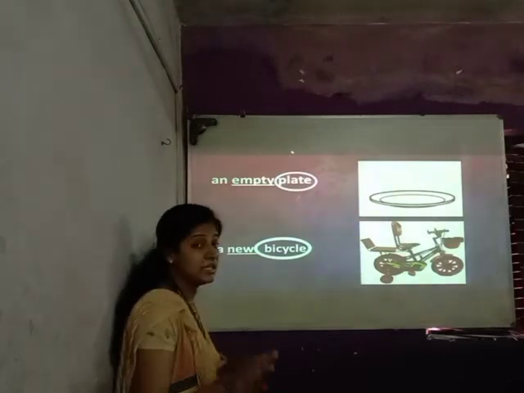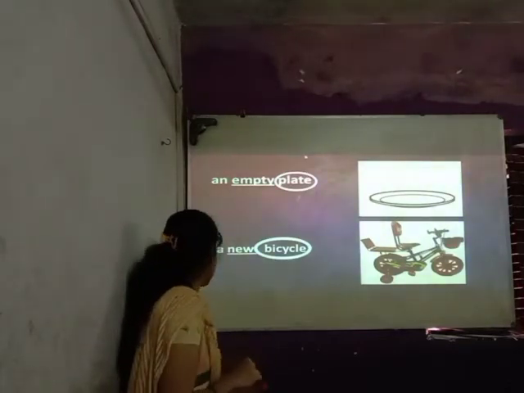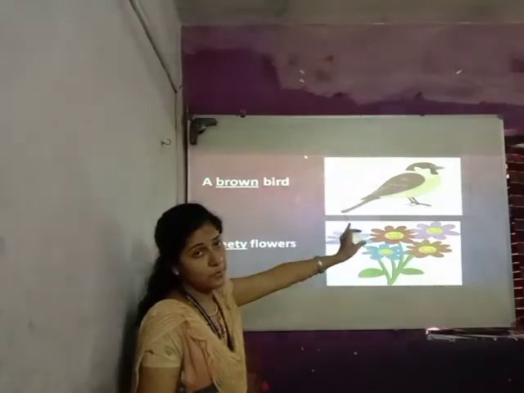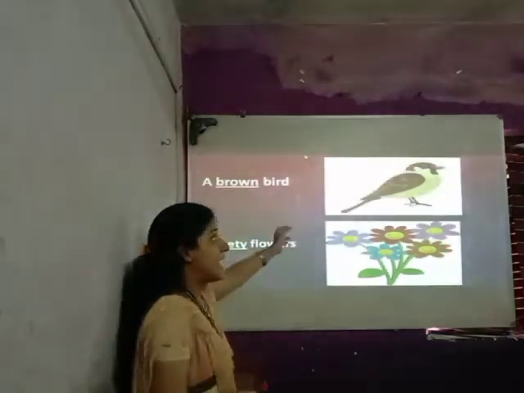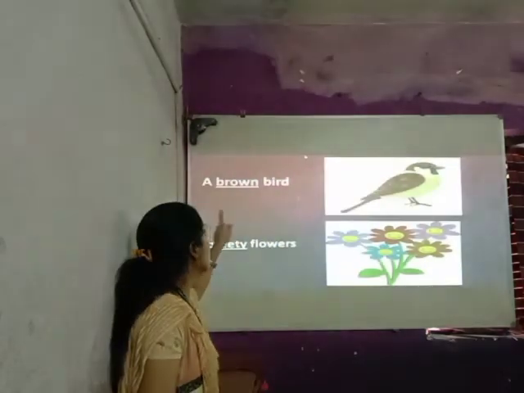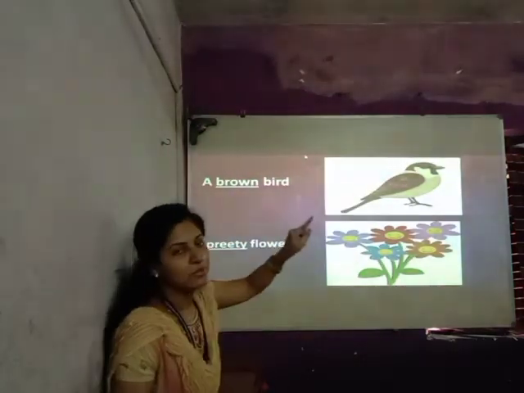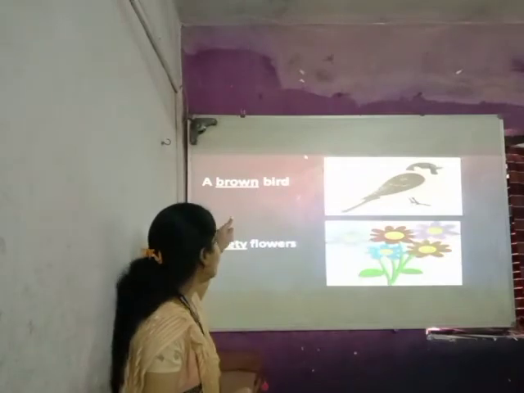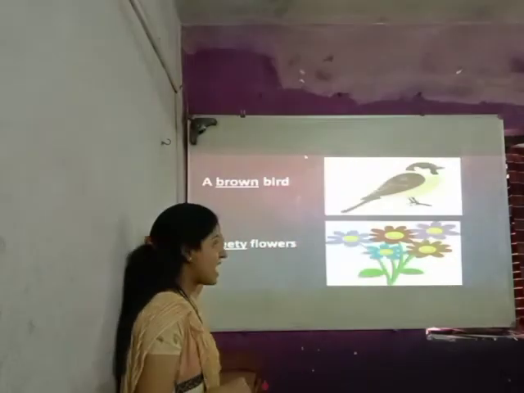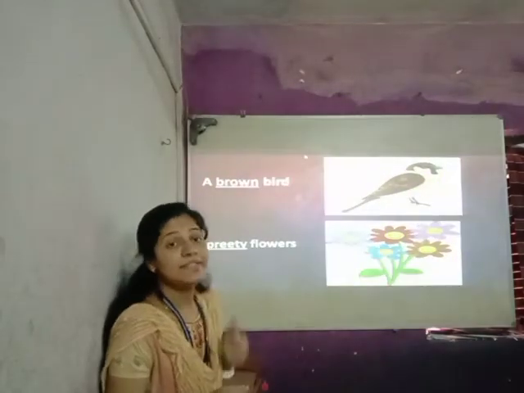Now, let's see some more examples. In this picture, you will see a bird. A brown bird. It's a brown bird. So here, the word brown describes the bird. It tells about the color of this bird. So, brown is a describing word.